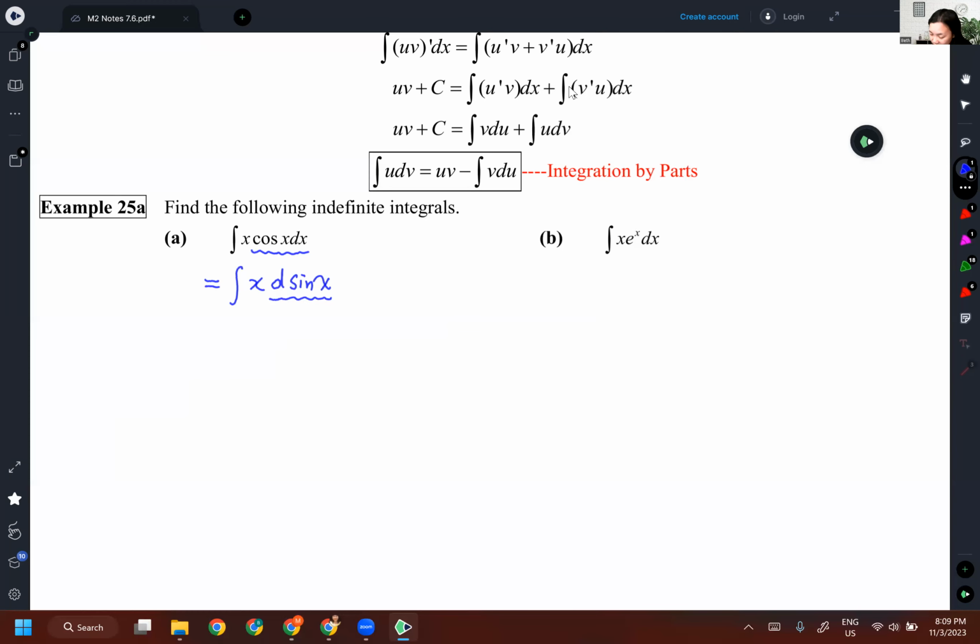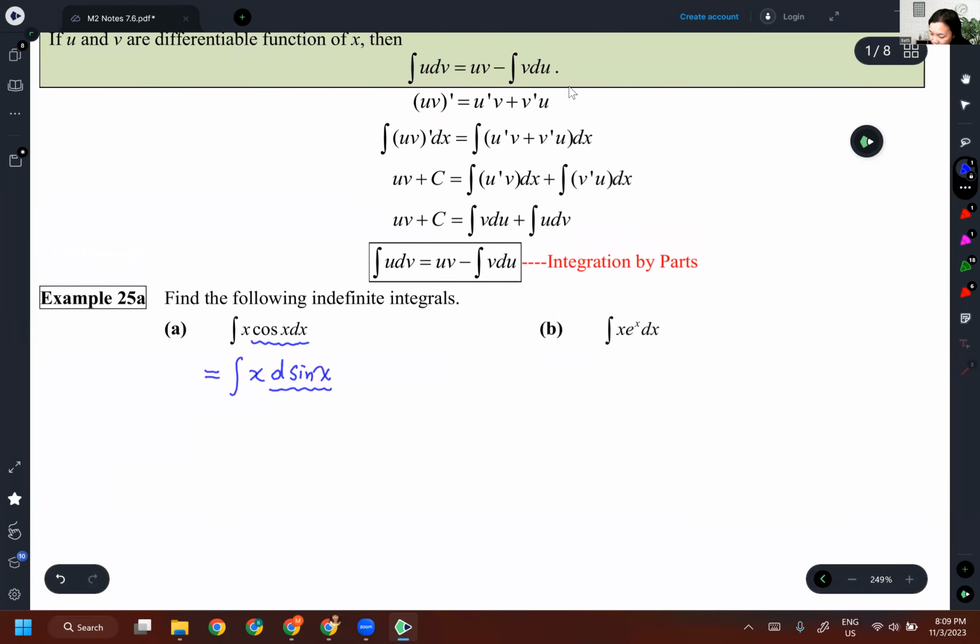And then what we do is look at the formula. It says u dv. Here u is x, and dv is d sine x. So u is x, v is sine x.